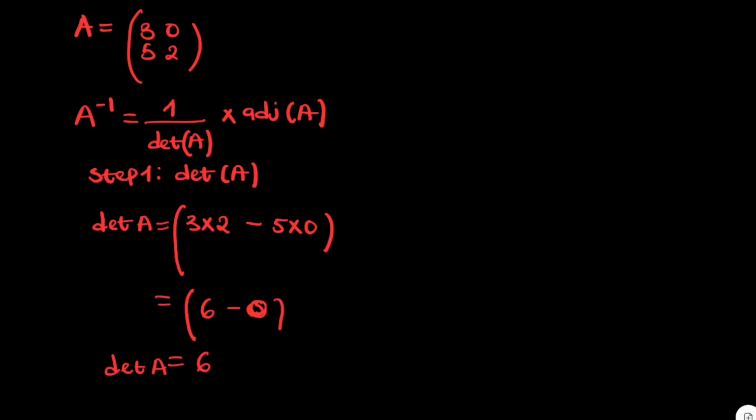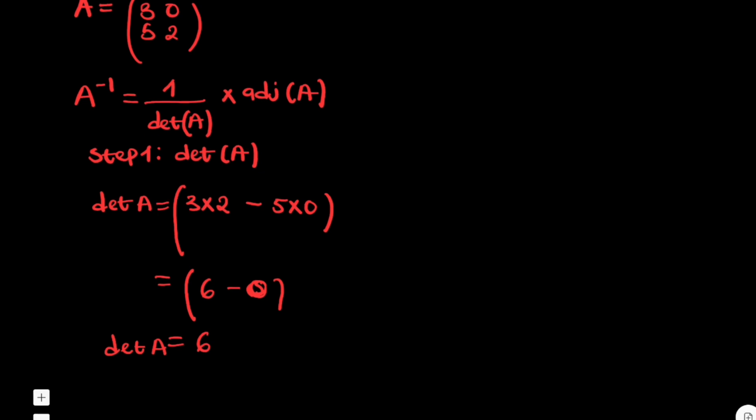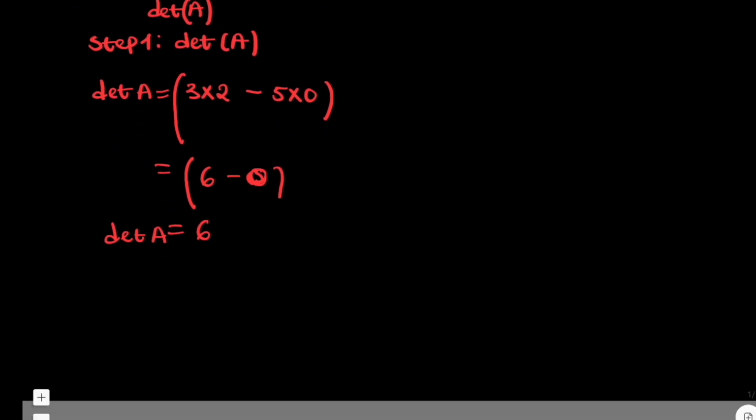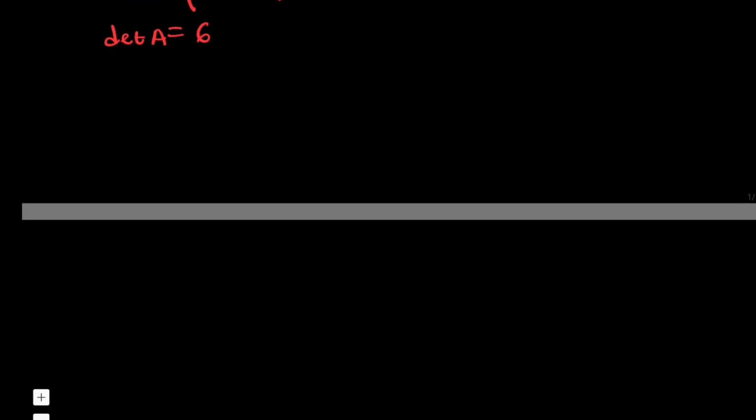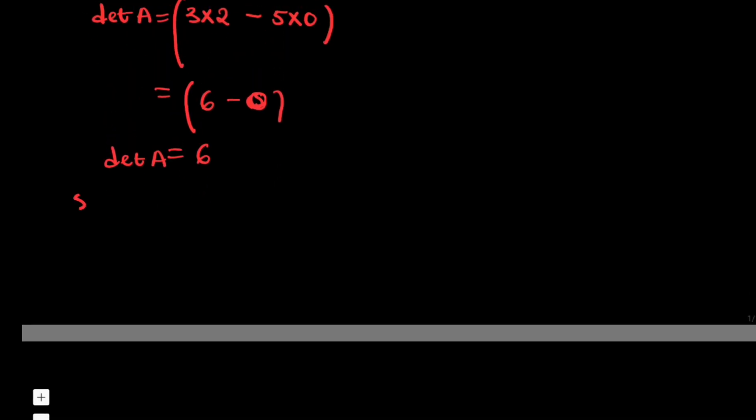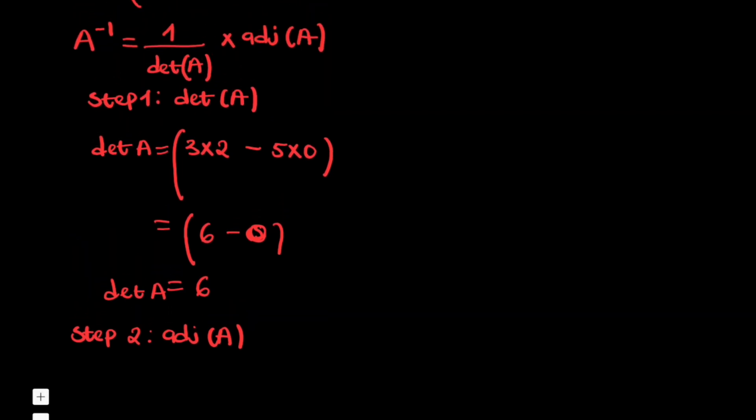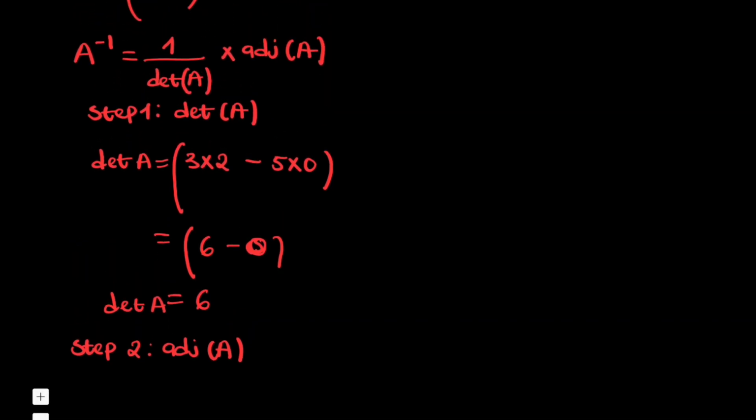Okay. So now let us find the adjoint of the matrix. Step 2, which is to find the adjoint of the matrix A. To find the adjoint of A, we switch the numbers at the diagonal and we change the signs of the numbers which are not at the diagonal.